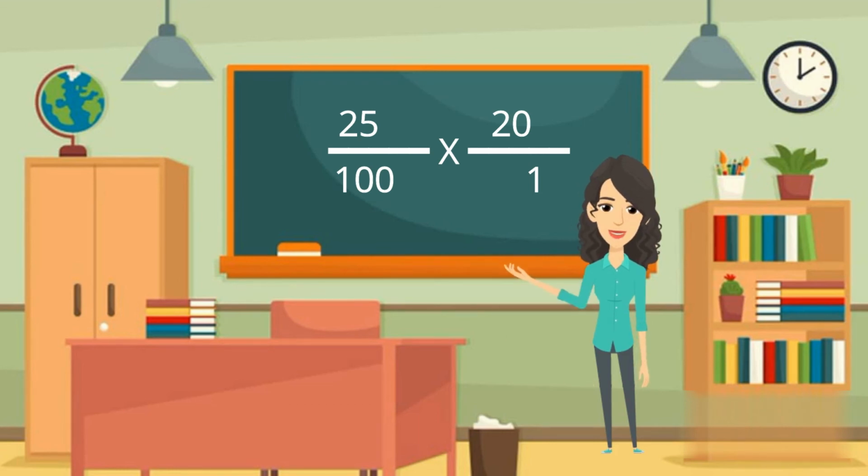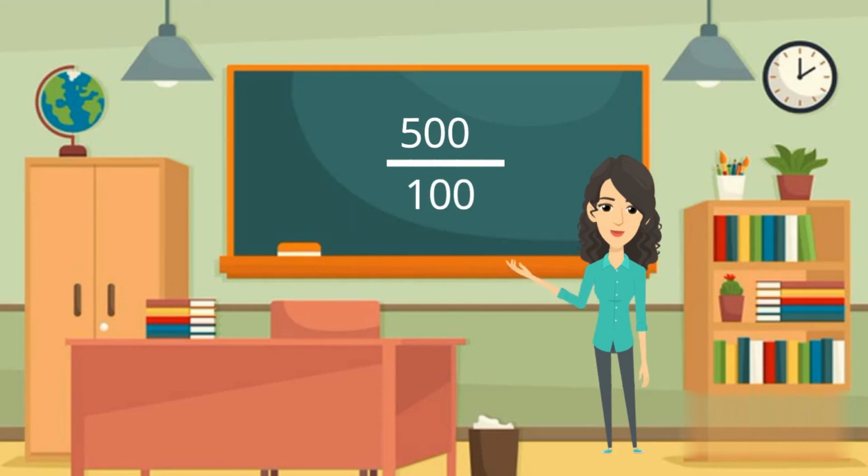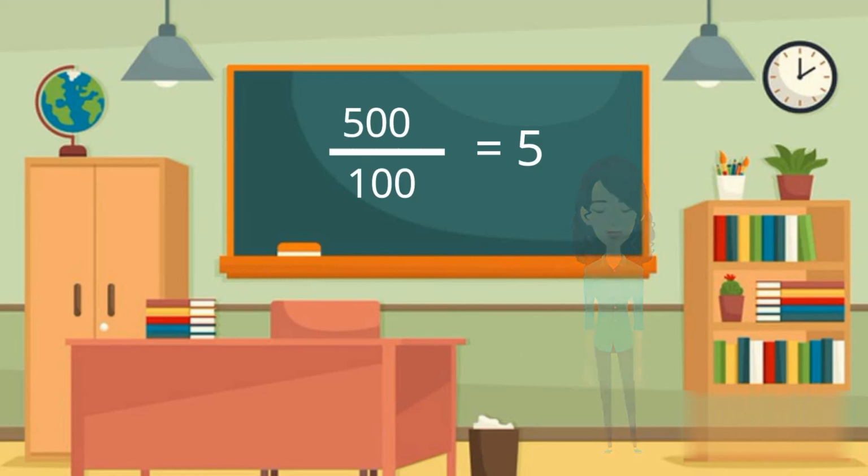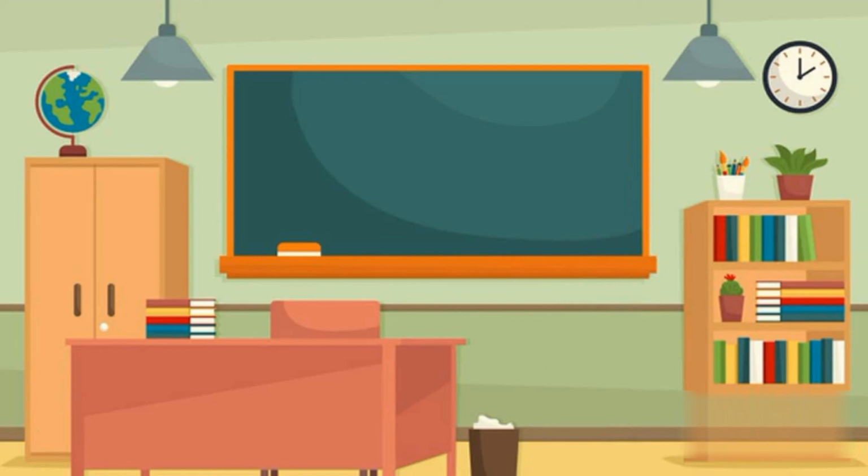Then, 20 can be written as 20 over 1. Third step, do the multiplication. 25 times 20 over 100 times 1. So, 500 over 100. Fourth step, simplification. 500 over 100 can be simplified into 5. So, 25% of 20 is 5.